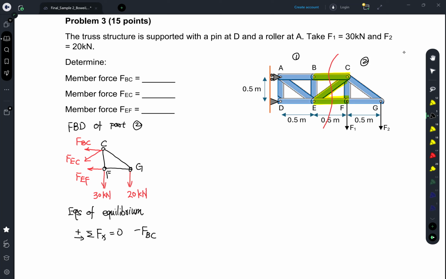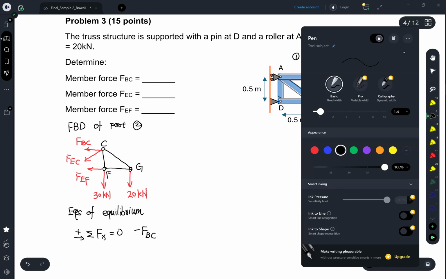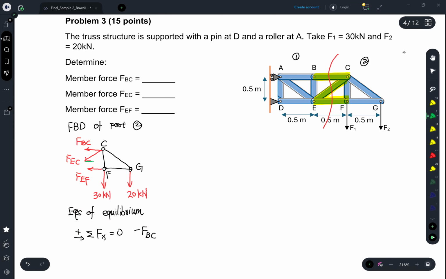We also have FEC, but it is an inclined force here. We have to decompose it into its x component and y component. That requires us to know the slope of the line of action of FEC, which is given by the slope of member EC.